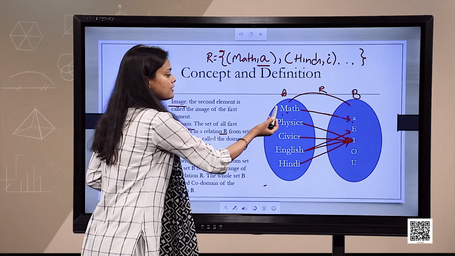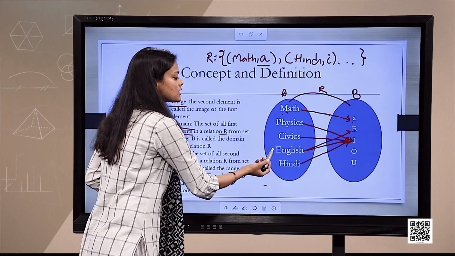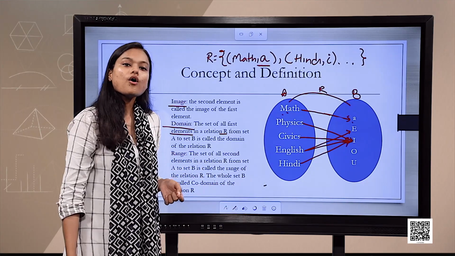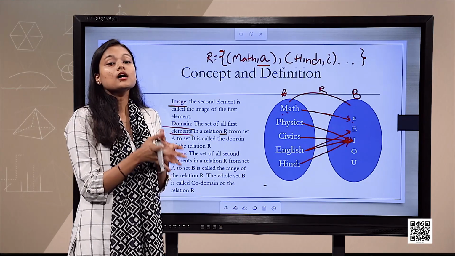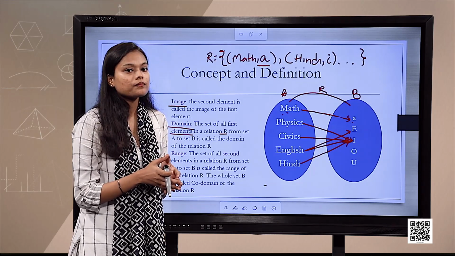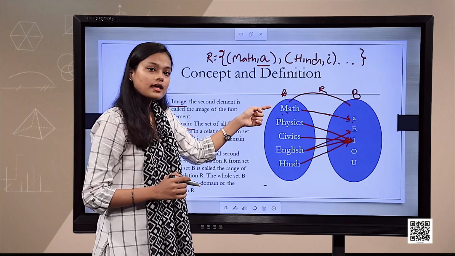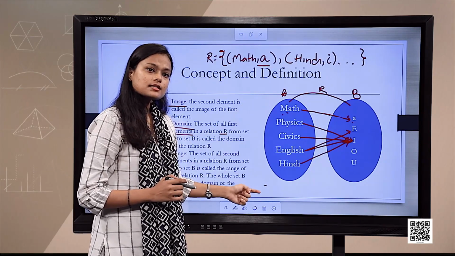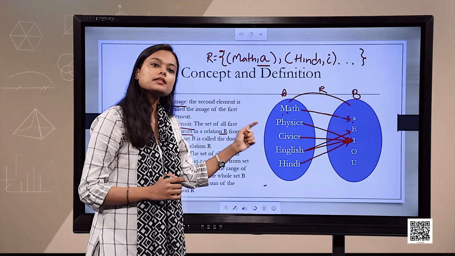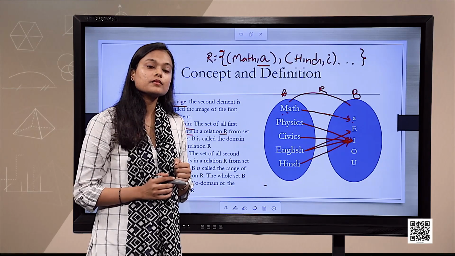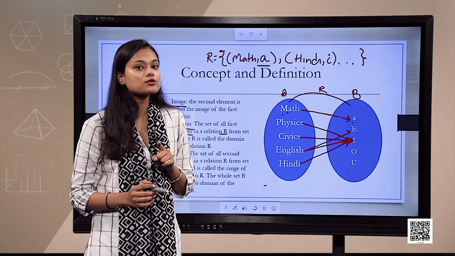So, math, physics, civics, English, Hindi, all elements are coming in the domain. Now, the question arises, will every element be there in the domain every time? Think upon it, we are going to discuss it later.